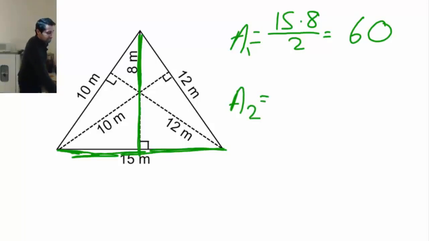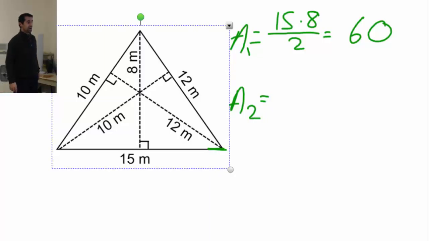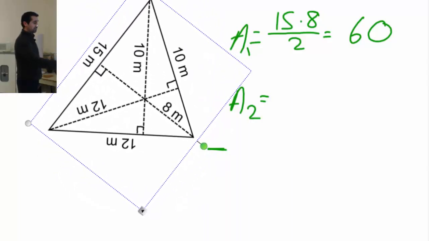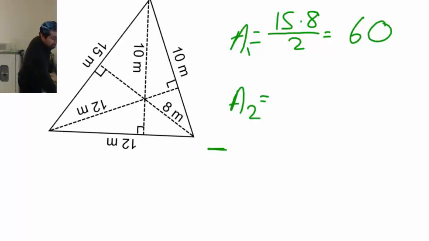Now, let's clear this. I don't like this triangle like that, so I'm going to use the other base, for example, the one that says 12. I'm going to turn the paper around, and now my new base is this.